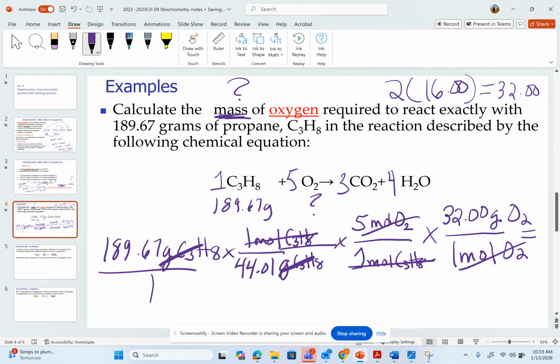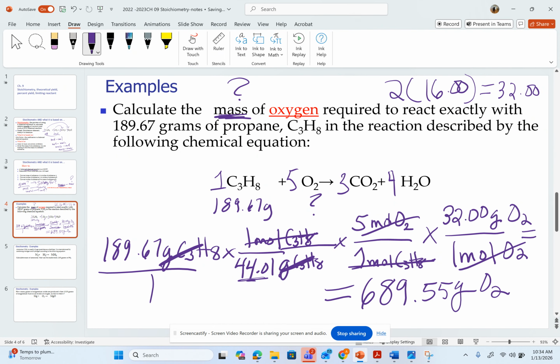So I'm going to say 189.7 times 5 times 32 equals, the only thing I have on the bottom is this guy. Everything else is 1. So now I'm going to divide it by 44.01. 189.67 times 5 times 32 divided by 44.01 is going to give me 689.55 grams of O2.